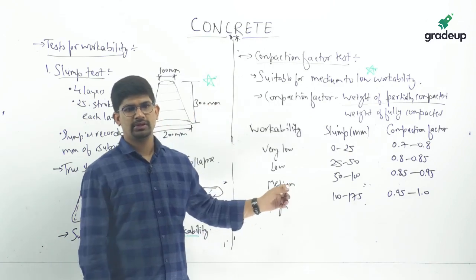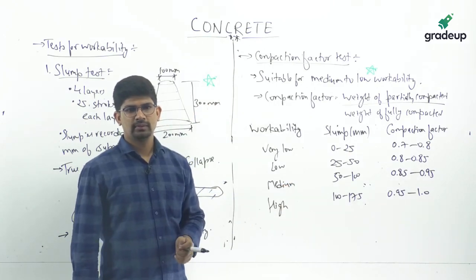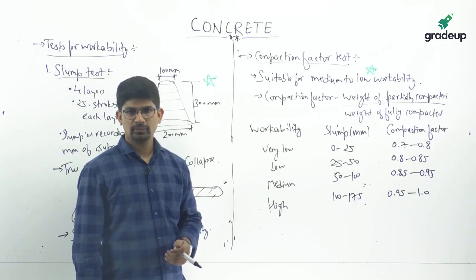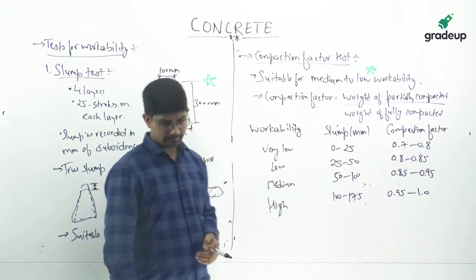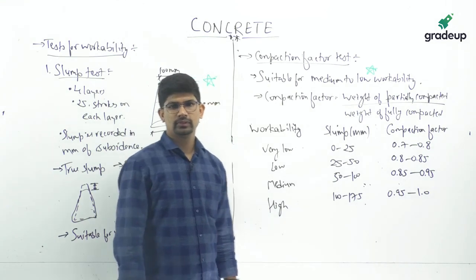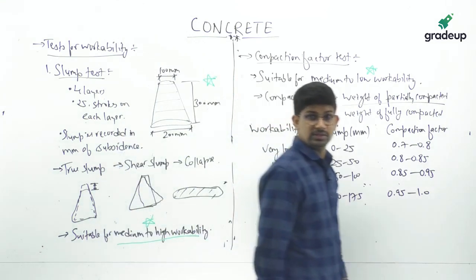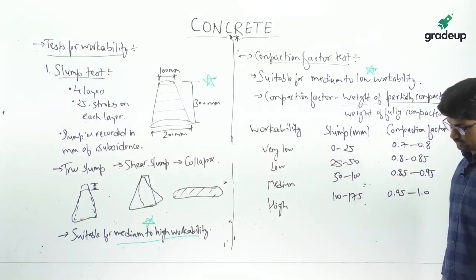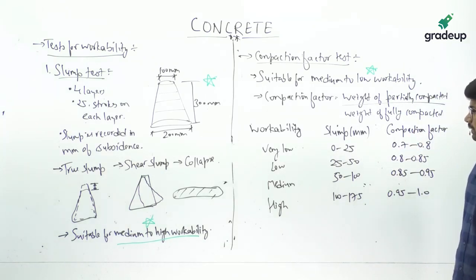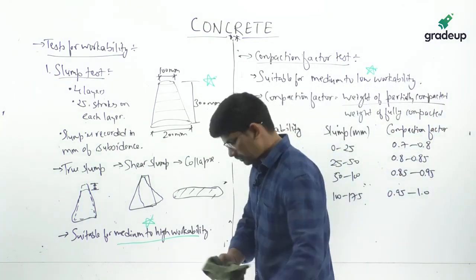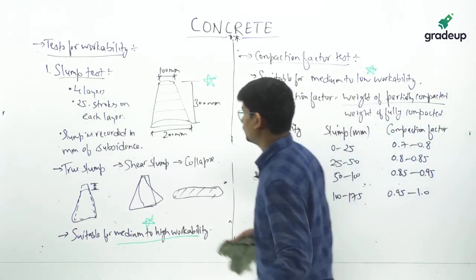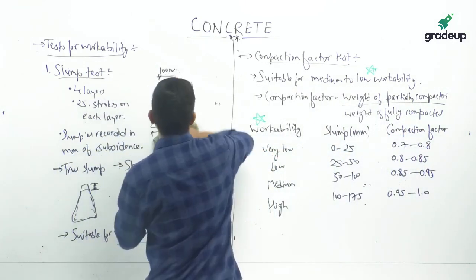Often questions will appear from this. Please take a screenshot of the whole screen. Now we'll move to the next one. Please remember this table. Please study this table thoroughly. Often you will get questions.